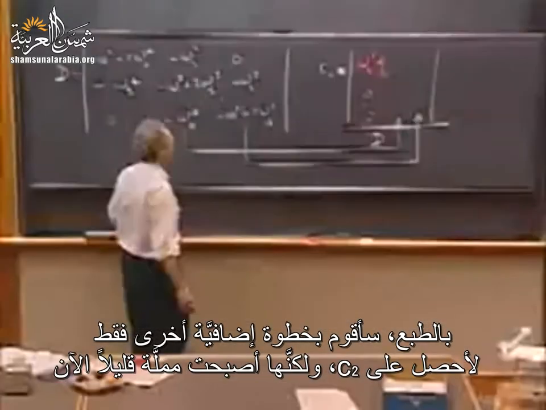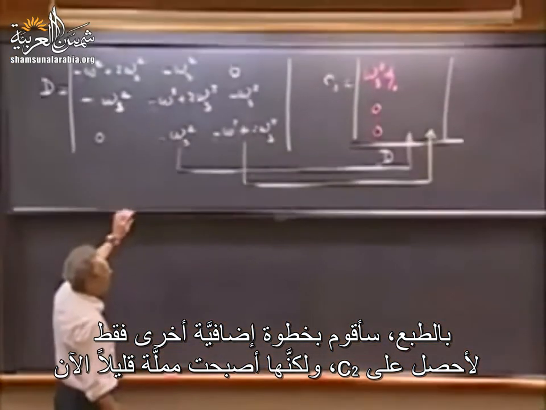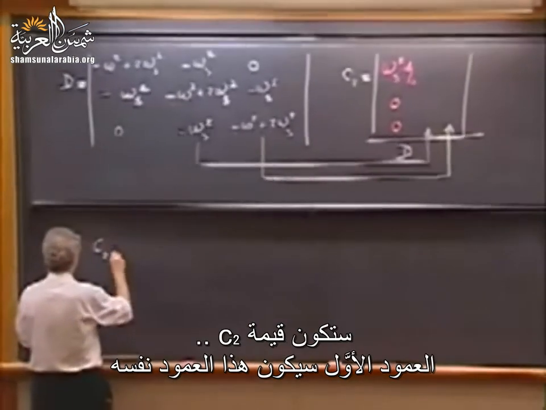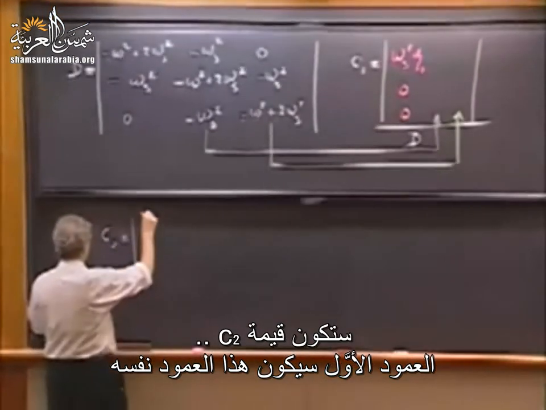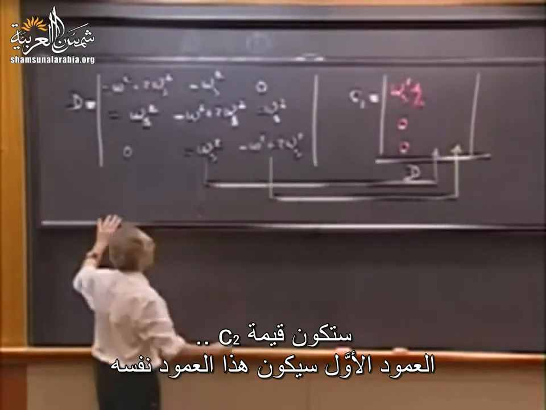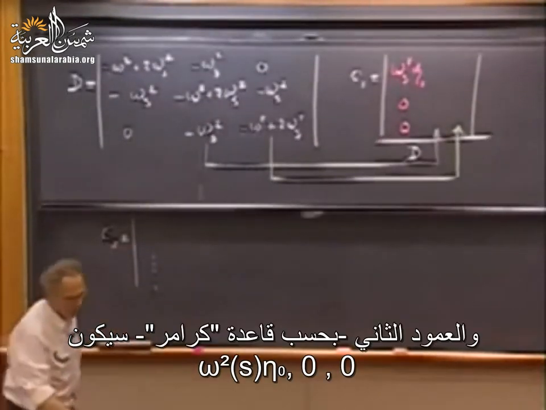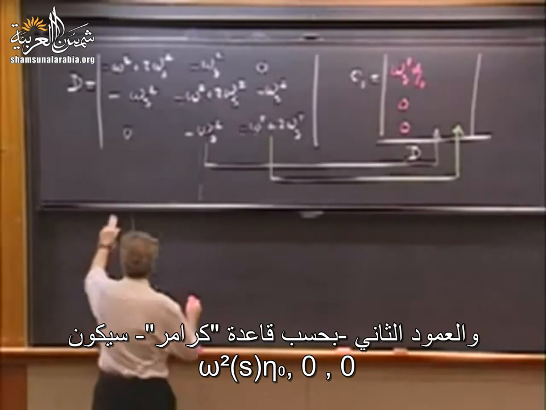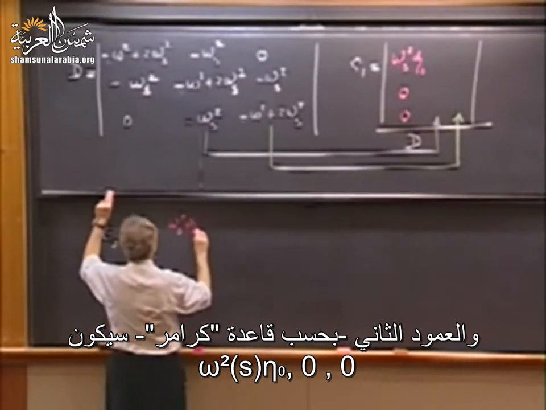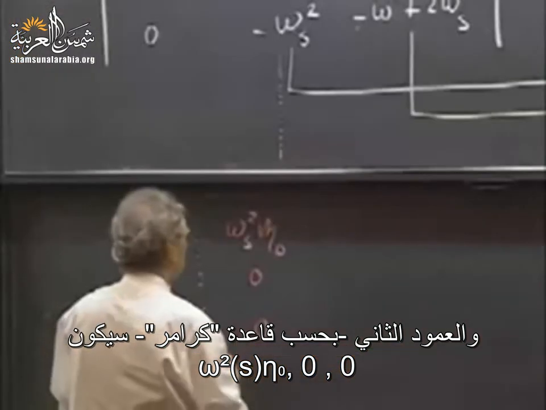And of course, I will only go one step further to go to C2, but that becomes a little boring now. C2 then, you get, that's this one. And then the second column, according to Kramers' rule, is going to be omega s squared eta 0, 0, 0.